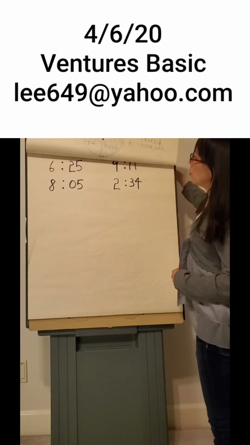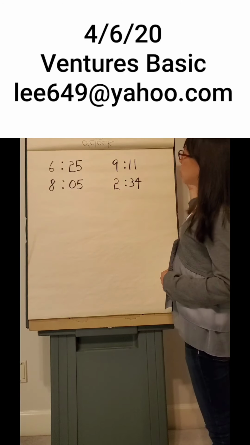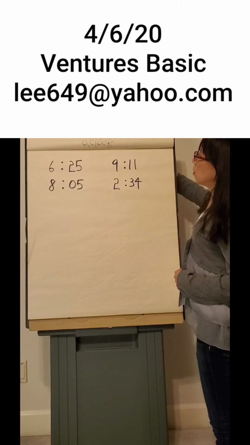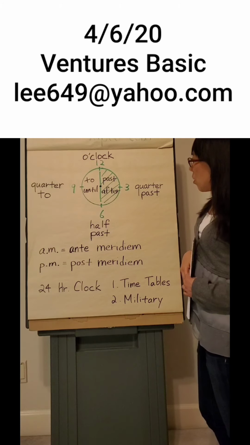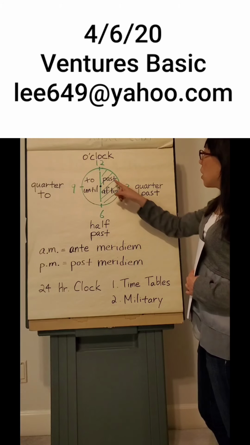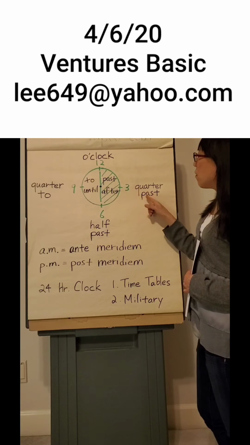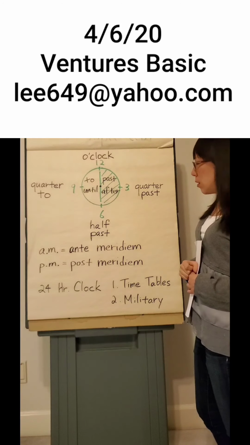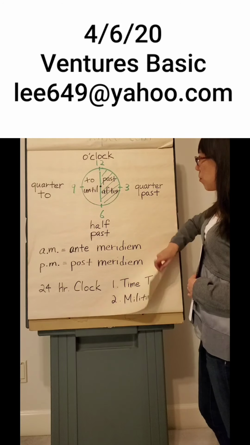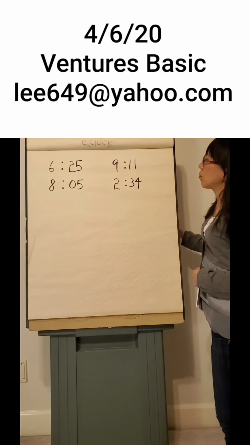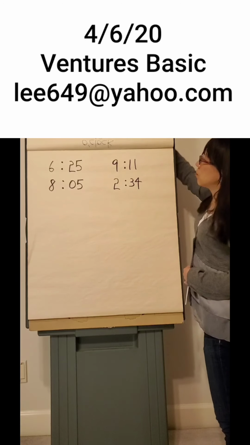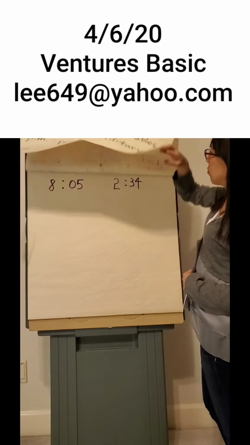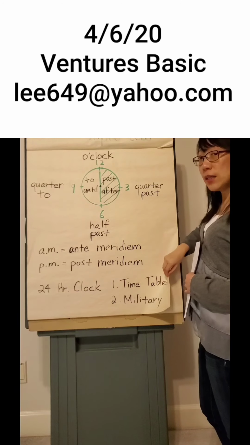So for this one, 6:25, we could say it's 25 past 6. And for 9:11, it's 11 past 9.